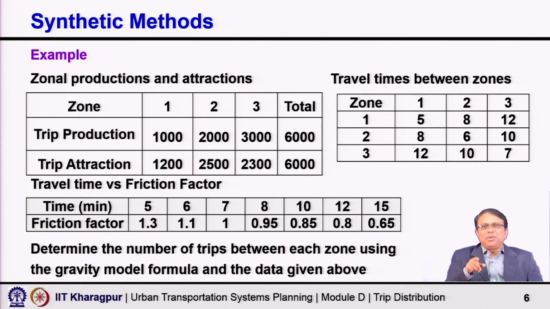So the function is calibrated in such a way that the lesser the travel time, the higher the Fij value, and the higher the travel time, the lesser the Fij value. Now with this, we want to show how you can calculate each individual cell of Tij using a production constrained gravity model. Let us go to the next slide.